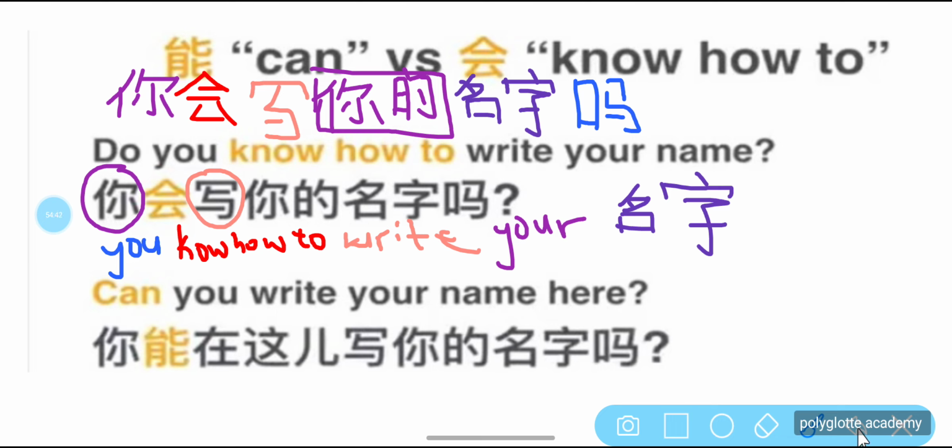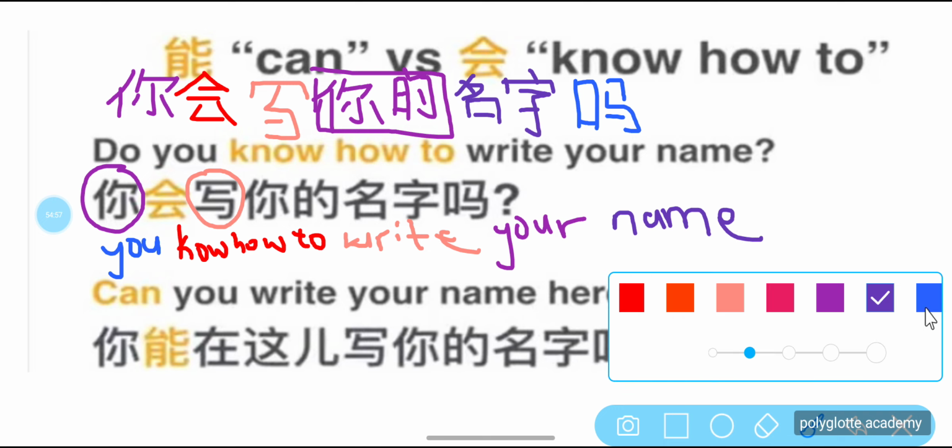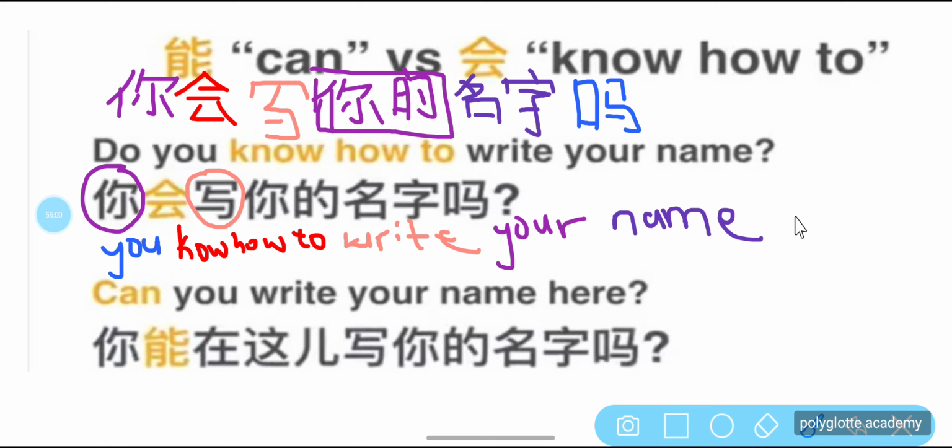So we have 名字, which means name. And ma, which is a question particle. You can write that ma, a question particle.